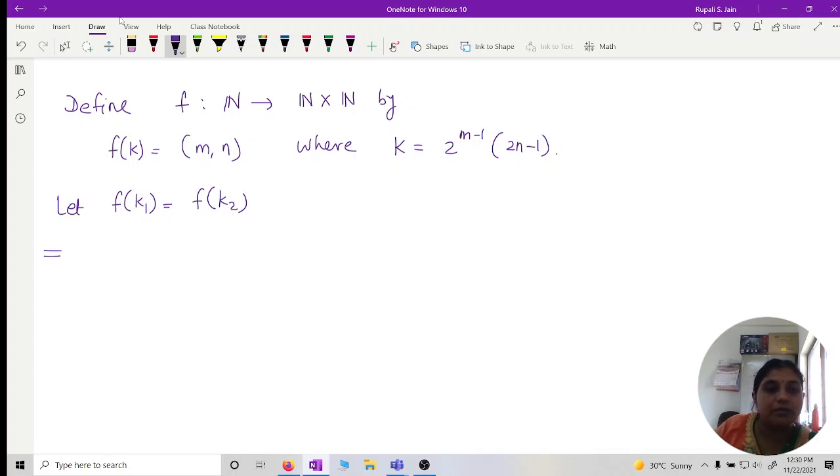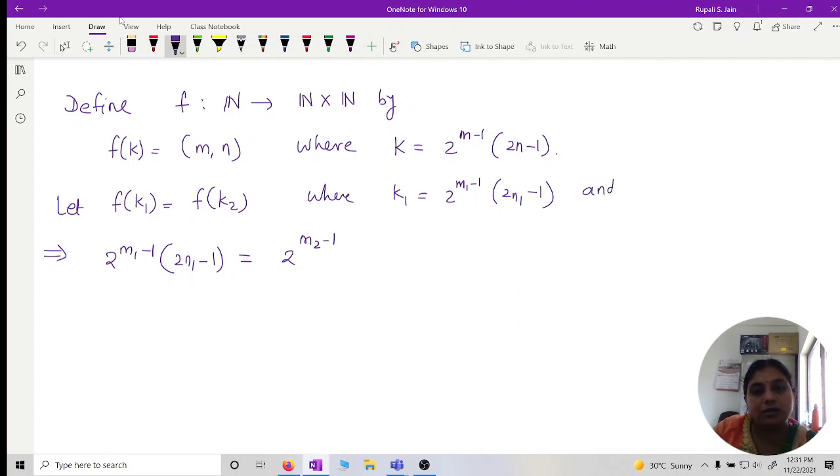What does this imply? k1 is uniquely expressed as 2 raised to m1 minus 1, 2n1 minus 1, and k2 is uniquely expressed as 2 raised to m2 minus 1, 2 times n2 minus 1.